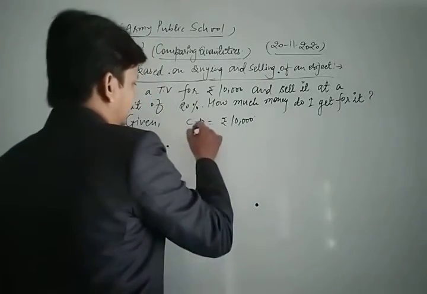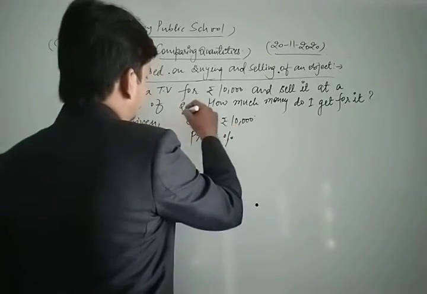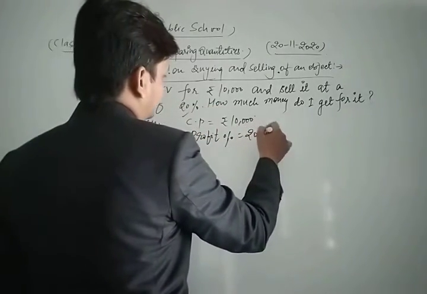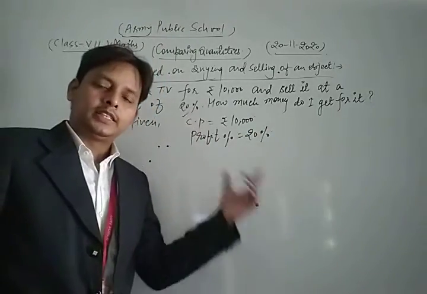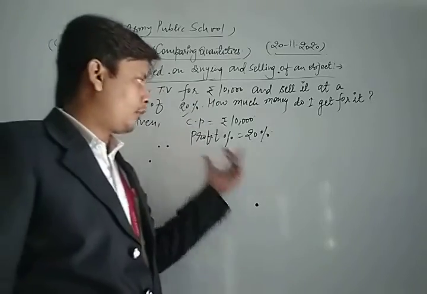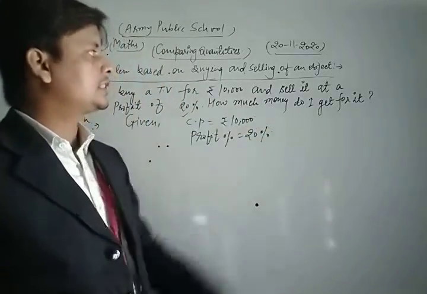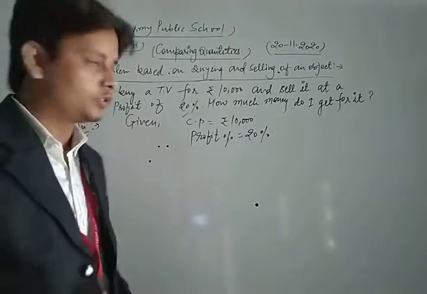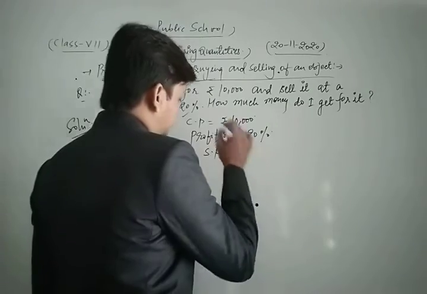The profit percent is given as 20%. Your question is how much money do I get for it. So we find the selling price for that TV.